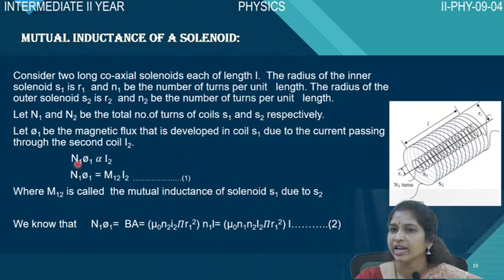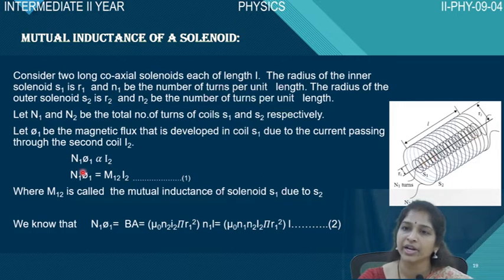So what can we write? N1 phi1 is directly proportional to I2. I2 is the current passing through the second coil or second solenoid. Due to that, flux is generated in the first solenoid, and the number of turns in the first solenoid is N1.